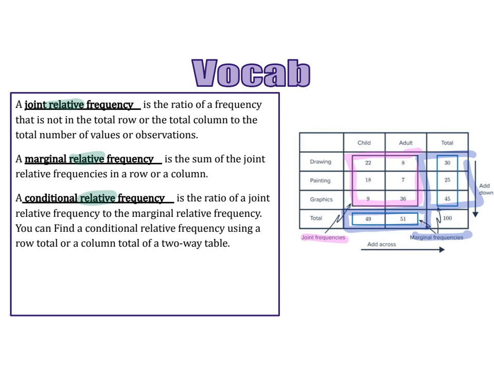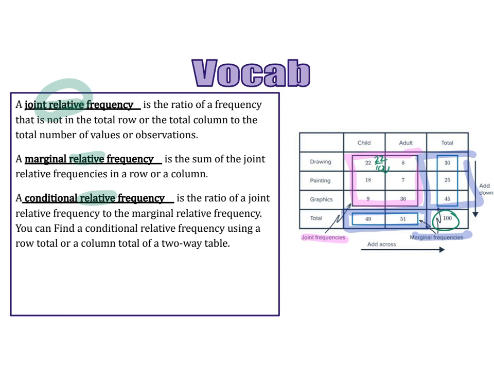What that means is the number in that specific spot relative to the total number of that specific category. So we could say that there are 22 children that like to draw. That would be the joint frequency. If we wanted to make it a joint relative frequency, we would say that 22 out of the total, which is 100, 22 out of 100 responses were children that chose drawing.